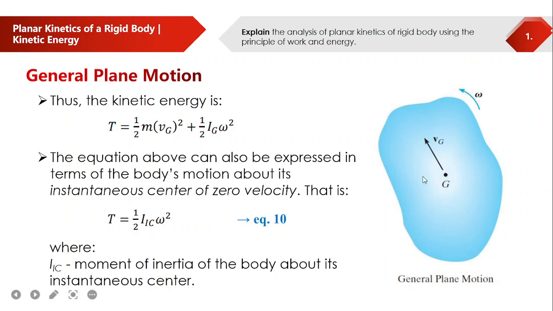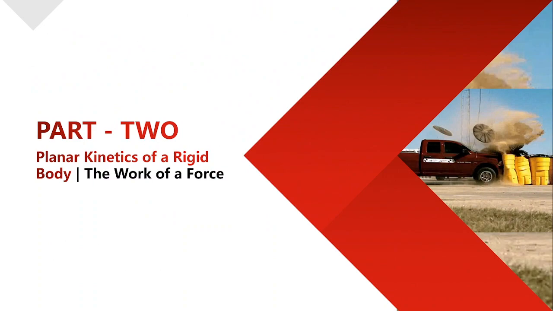So ganun lang yung kinetic energy sa tatlong planar motion natin. So, again, sa translation, sa rotation about the fixed axis, saka yung general plane motion, meron silang sari-sariling formula sa solving ng kinetic energy. So, let's proceed to part 2.